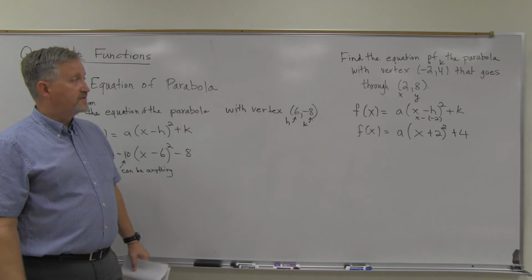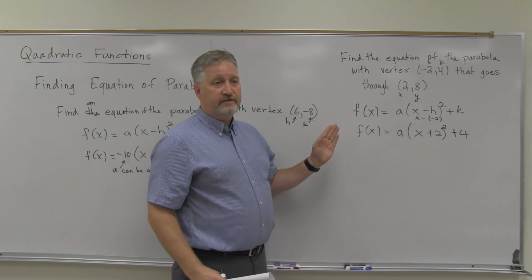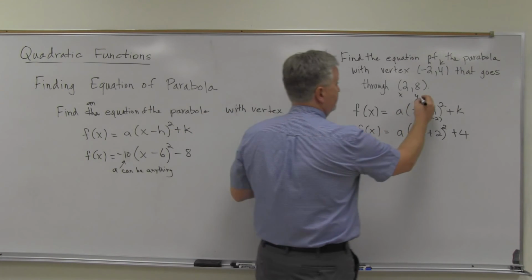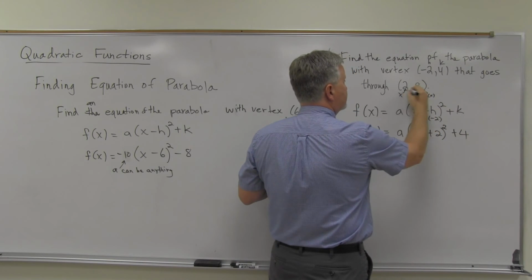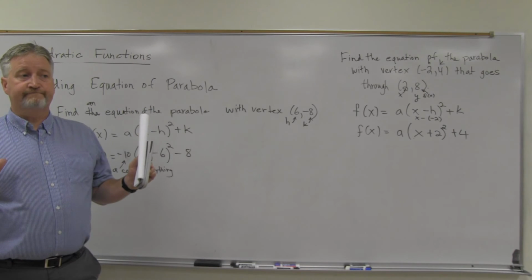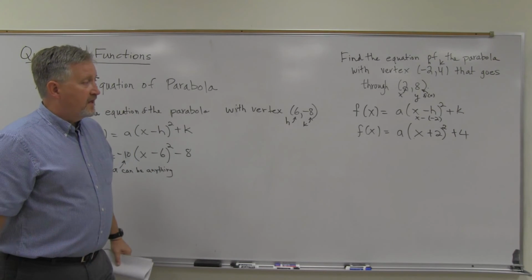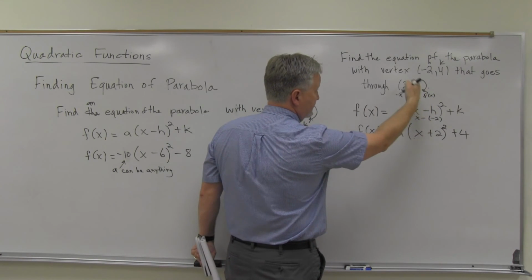So, can I substitute those in for xy? Now, in this case, y is what? f of x, yeah. The y is f of x. So, x is 2, f of x is 8. So I'm going to plug those in, because that'll help me find the a.